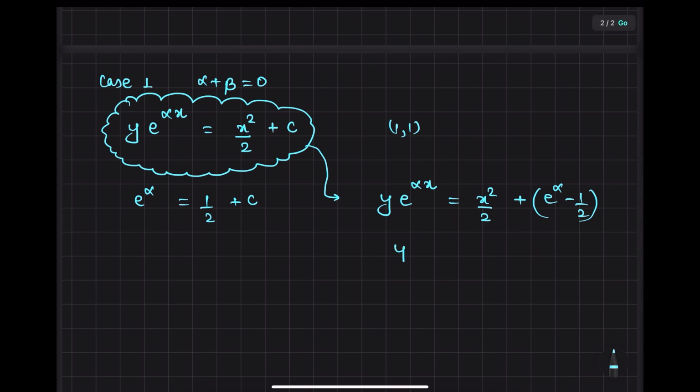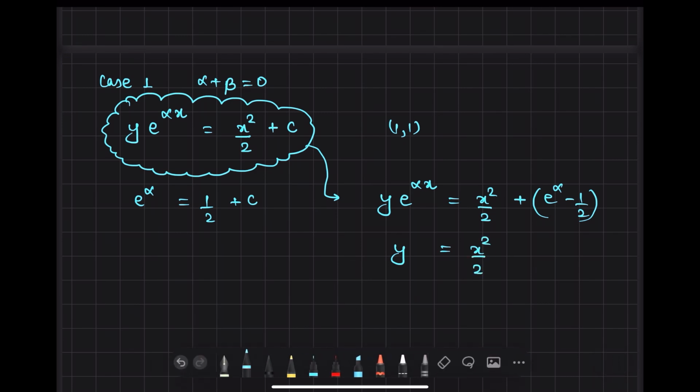So y is equal to x square by 2 times e power minus alpha x, plus e power alpha minus 1 by 2 times e power minus alpha x. So this is the integration we did.